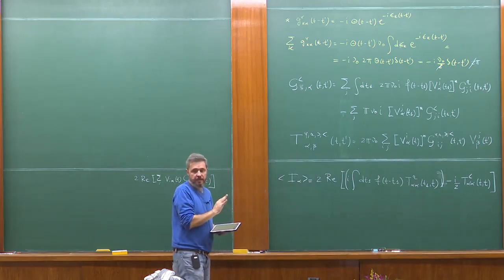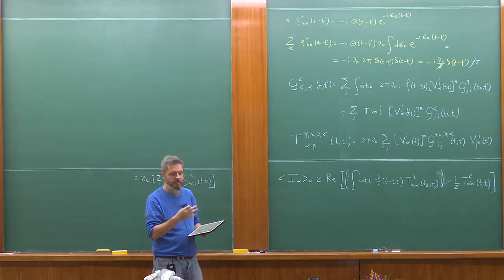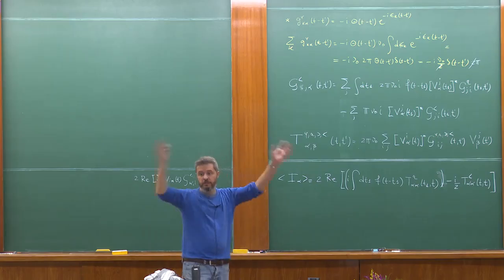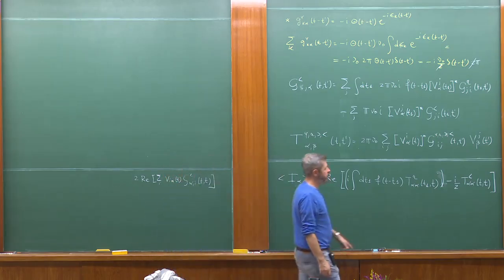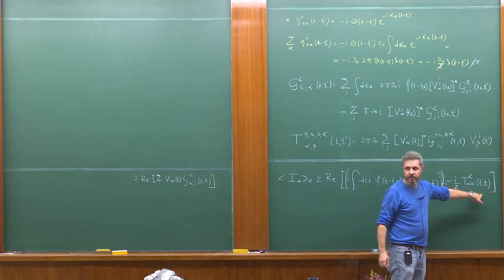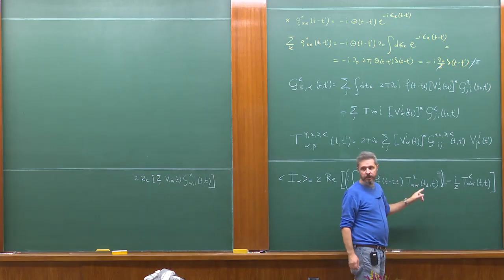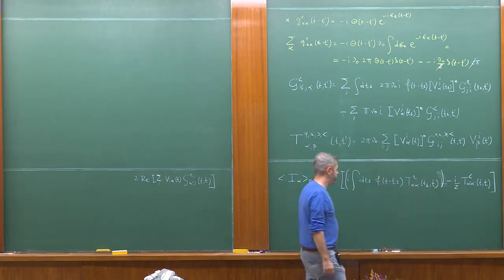If you look at it, it's not very much different than the general expression for the current that we got yesterday. Yesterday we had an isolated G lesser, and then we had a T advanced that, when you take the real part, gets subtracted with T retarded. So it's the same kind of structure.